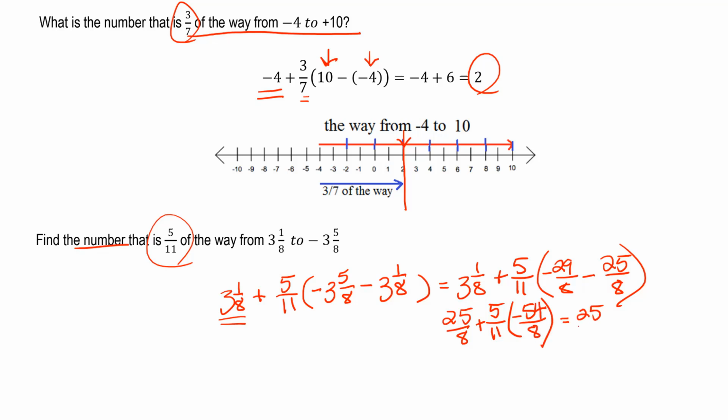So that's 25/8 plus -270 over 88. And so that is 275 minus 270 over 88. So that is 5 over 88.